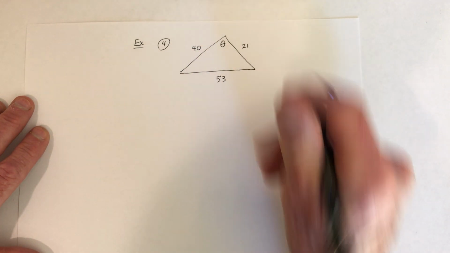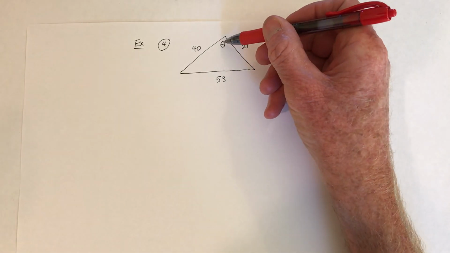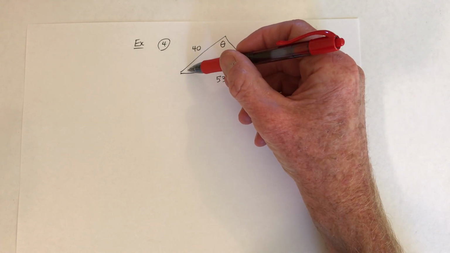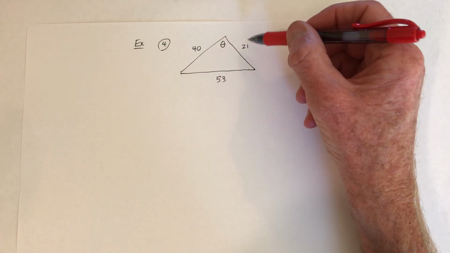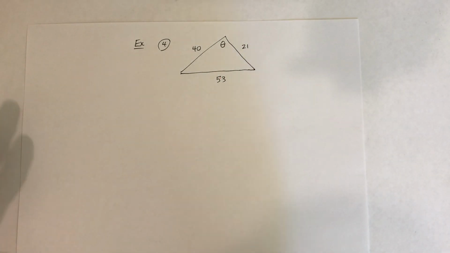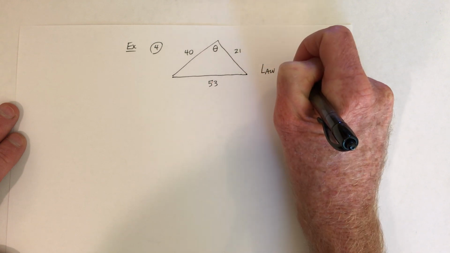Then how much is this angle right here, theta? So this is either the law of sines or the law of cosines. But the thing with the law of sines is you would go sine of theta divided by 53 equals sine of a blank divided by 21. And because this one's blank and this one's blank, we can't use law of sines. We need to use the law of cosine.